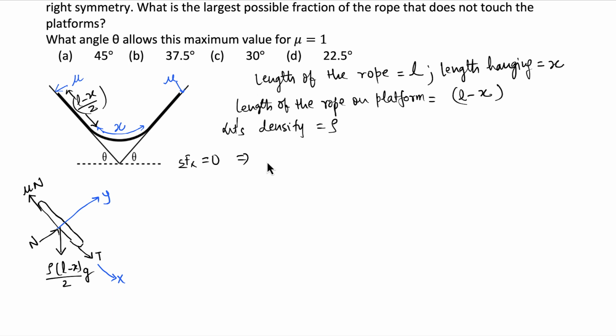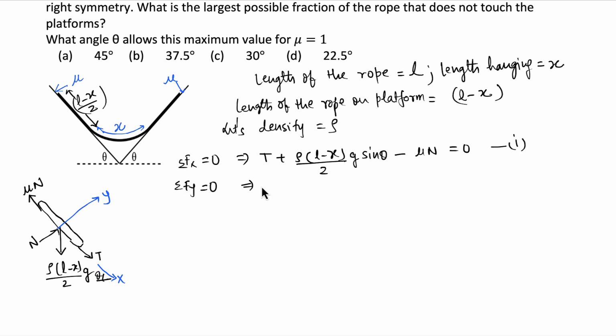That implies T plus rho (L minus X)/2 g sine theta, because this angle is theta, minus mu N equal to 0. Let's call this 1. We also have Fy equal to 0. That means N minus rho (L minus X)/2 g cos theta equal to 0.